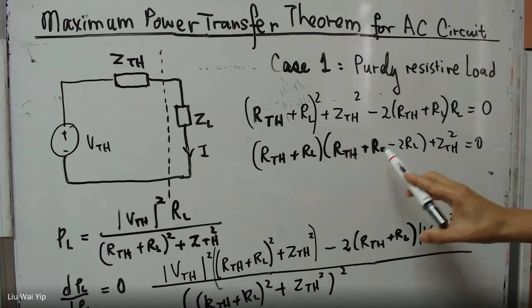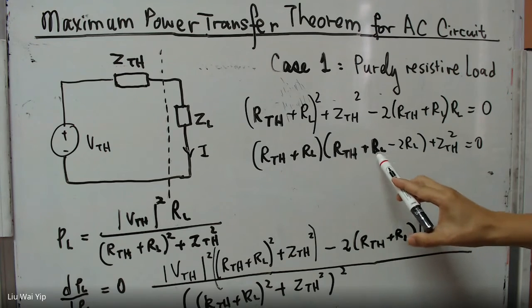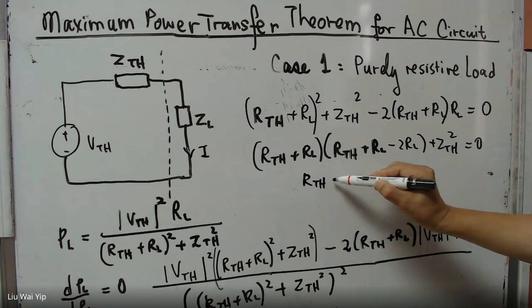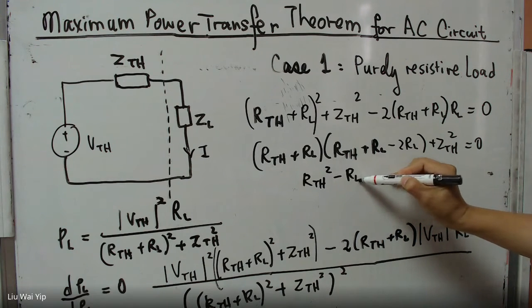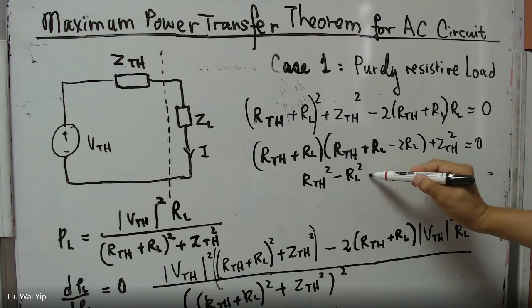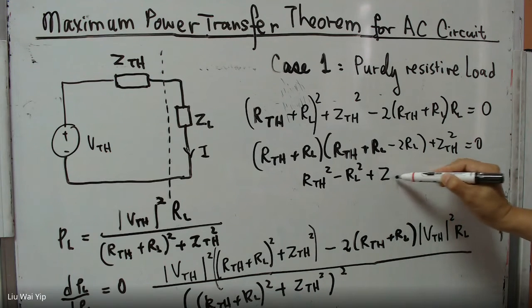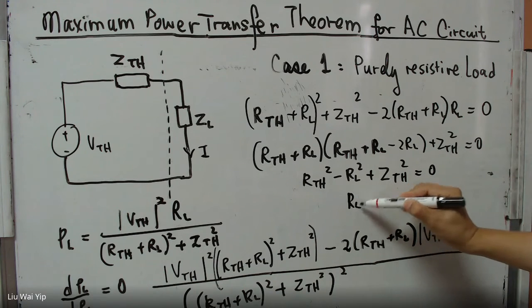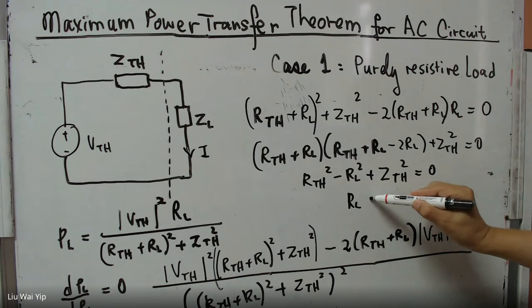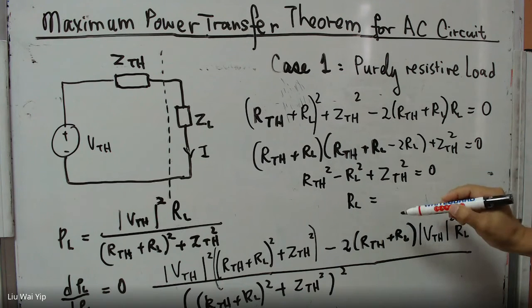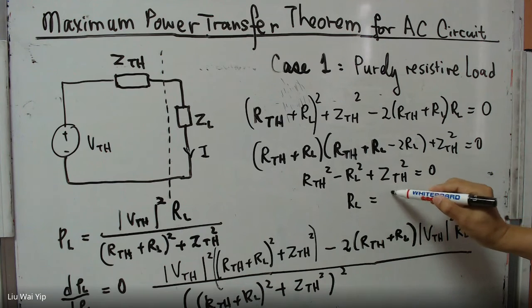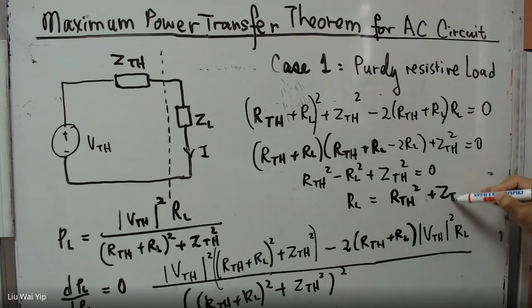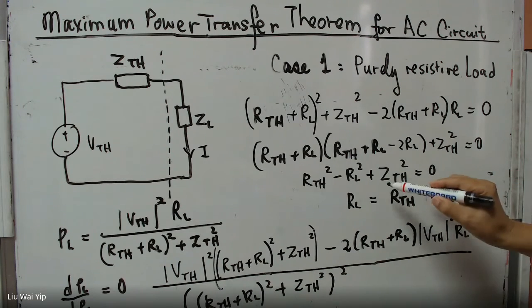So very obviously, from here, we can say the load resistance should be the square root of RTH squared plus XTH squared.